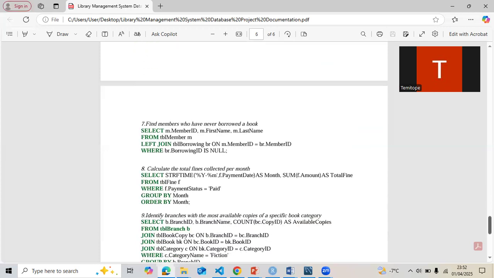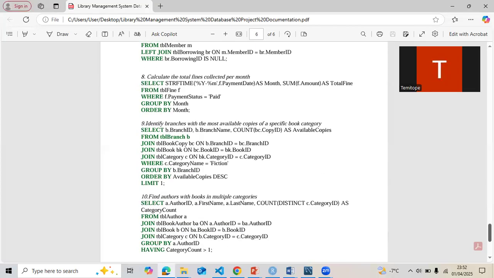So, finding members who have never borrowed a book before. Of course, this one will be the member table and the borrowing table. Then where borrowing is none, which means the borrowing has not occurred. That's the meaning of that. Then we calculate the total fine collected by month. Of course, this one will involve the fine table and all that.